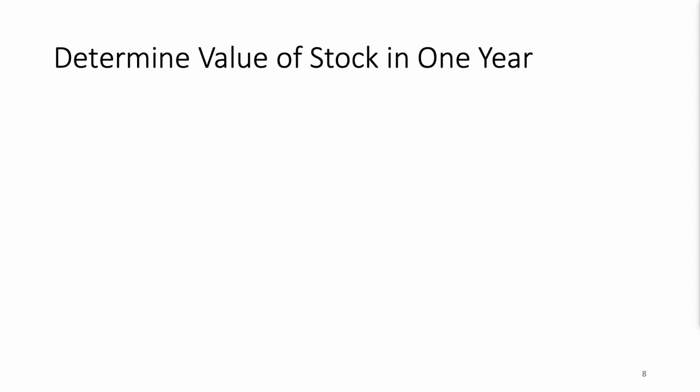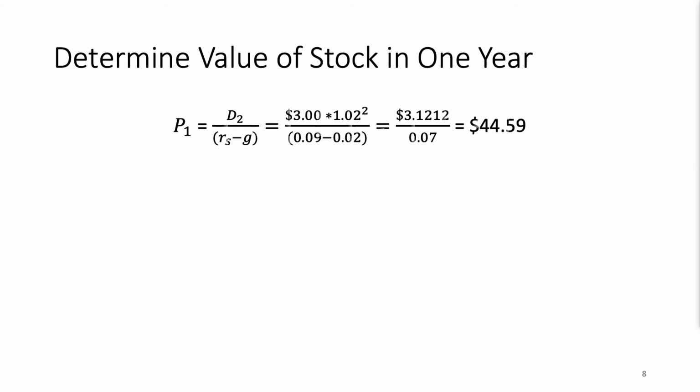We need the dividend two years from now to find the price one year from now. So look at that: P1 equals D2 divided by Rs minus g. Well, D0 is $3, so I'm going to have to multiply that by 1.02 to the second power to get D2. So $3 times 1.02 squared is D2.